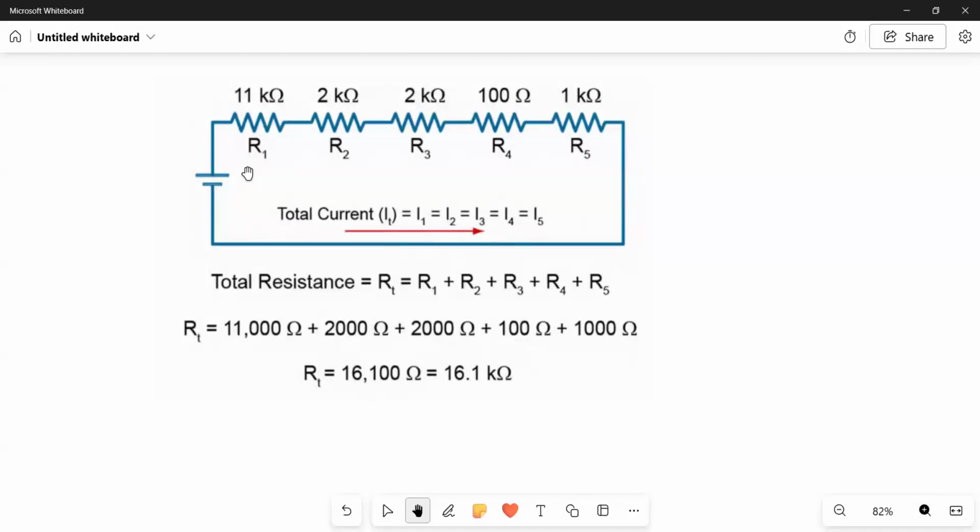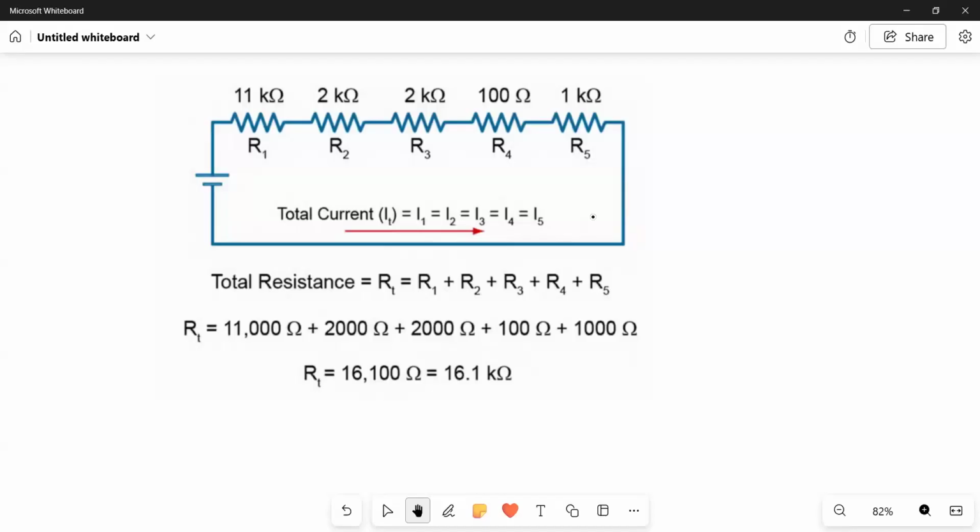So here you have a DC circuit with several resistors. This is an 11 kilo ohm, 2 kilo ohm, and so on. If you want to do any calculation with this circuit, let's say we want the current that is flowing.